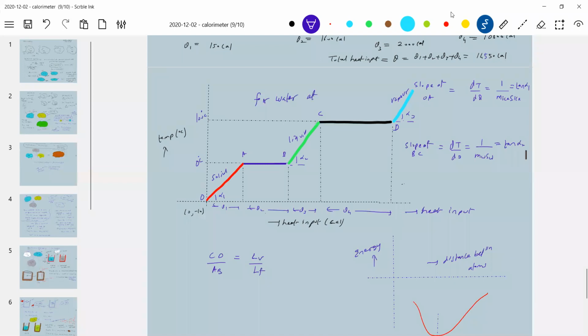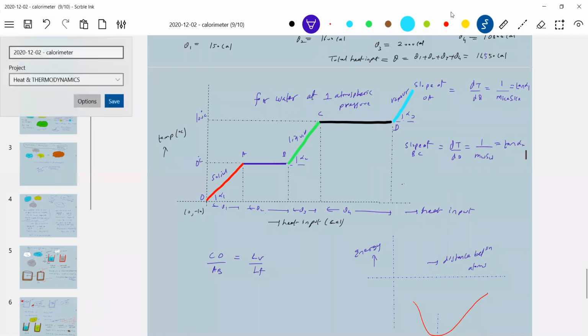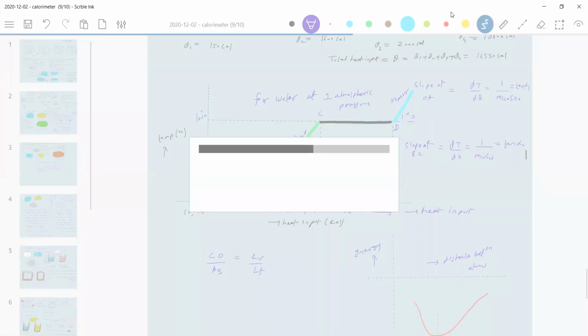For water at 1 atmospheric pressure. Getting the idea?